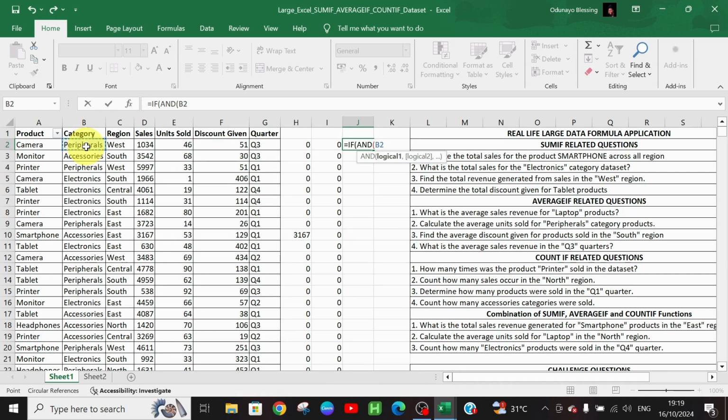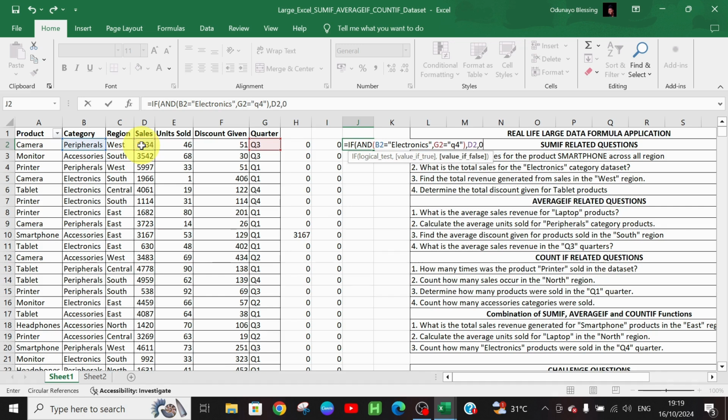So if B2 equals electronics, and G2 equals quarter 4, then you close the bracket. So what should it release? It should release the sales.